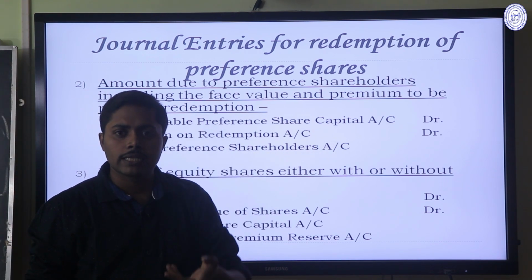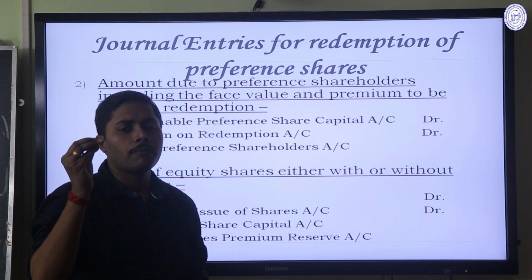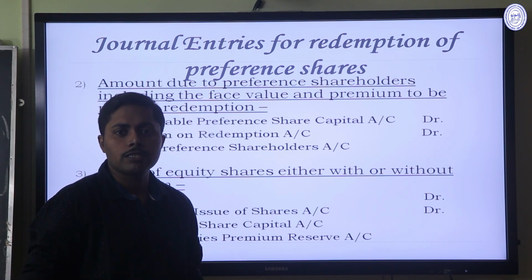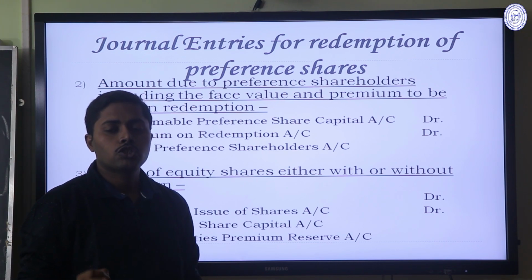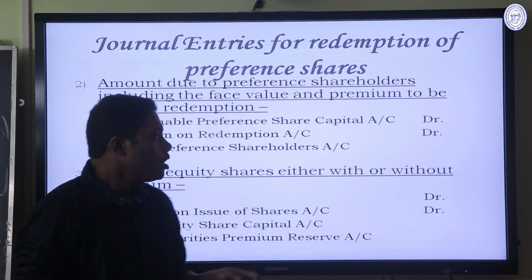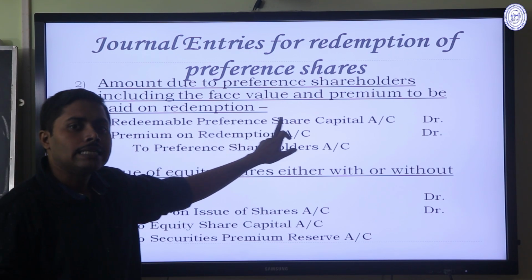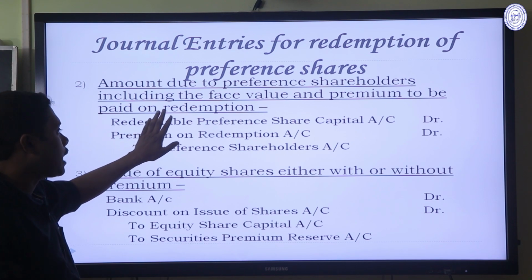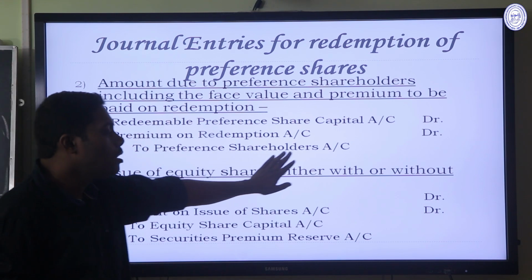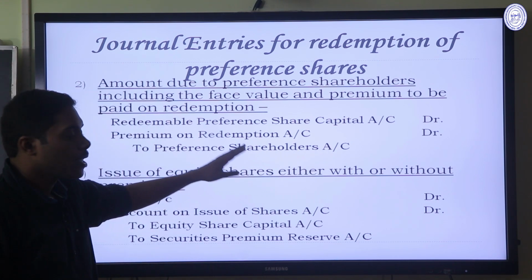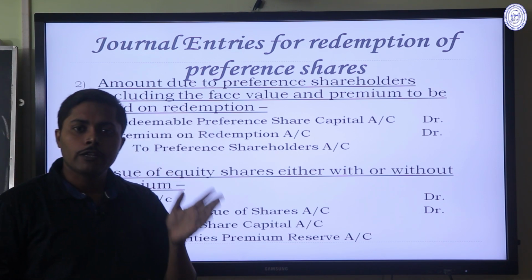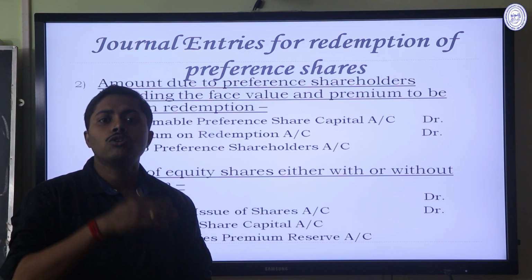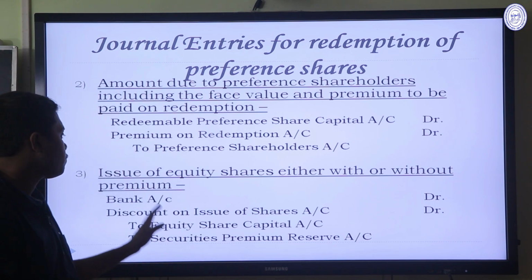Let me give you one example: suppose the value of a preference share is 100 and you are redeeming that particular preference share at rupees 110. So, you are giving 10 rupees as premium. Premium on redemption will be debited as you are making payment of that, and the entire amount, that is capital and premium, will be credited to preference shareholder account. Okay. Now, the first journal is preference share capital account debit, and if it is redeemed at premium, premium on redemption account debit to preference shareholder account.